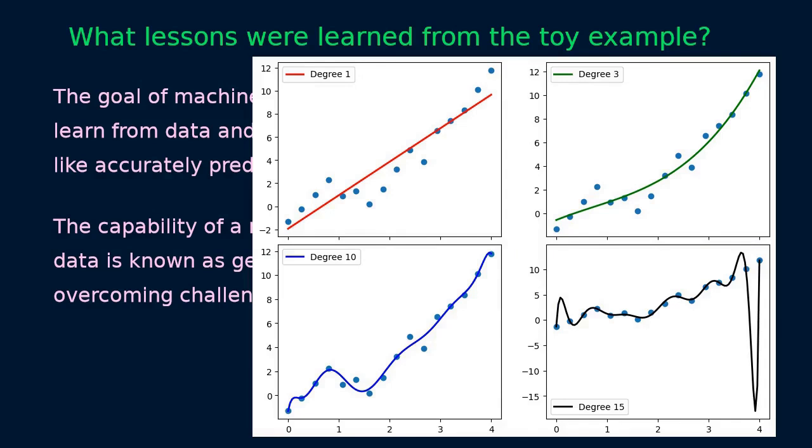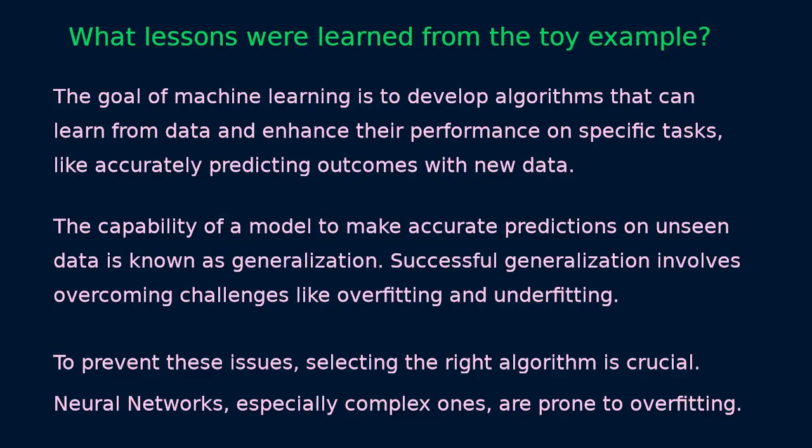In this example, the linear plot represents underfitting. The 3-degree polynomial fit may be a good fit, while the higher degree polynomials represent overfitting. To address these problems, choosing the appropriate algorithm is crucial. Neural networks, especially complex ones, are susceptible to overfitting.